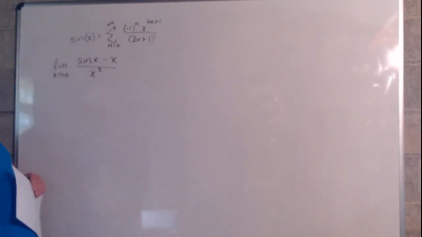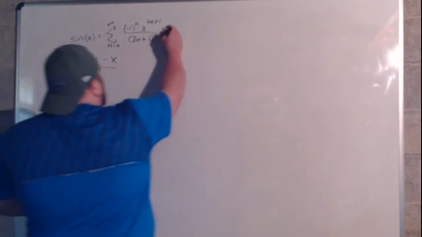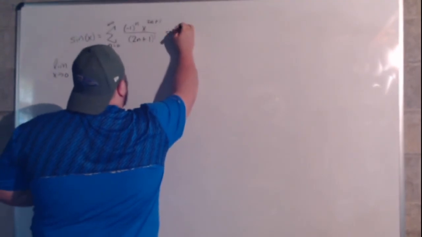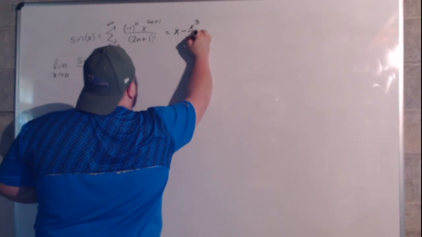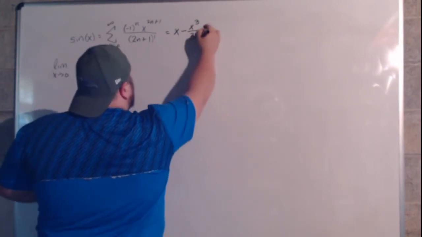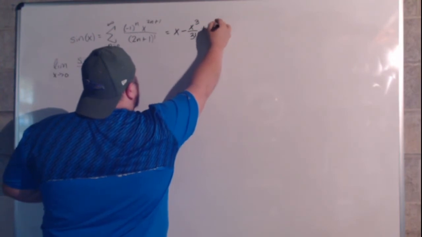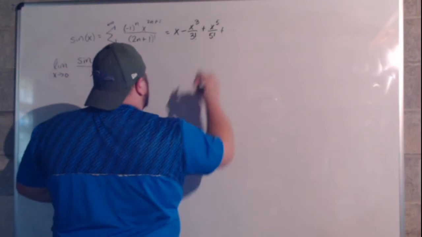So it should look like that. And if I were to write out the first couple terms, that would be x minus x cubed over 3 factorial plus x to the 5th over 5 factorial, and so on.